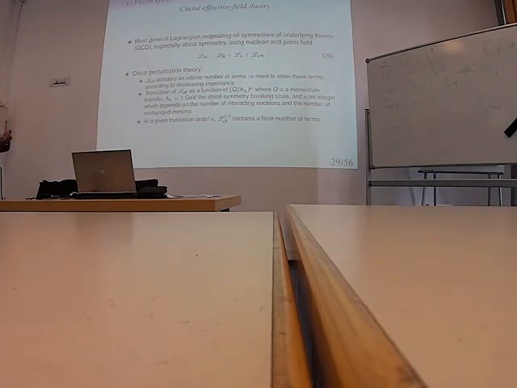So if the degrees of freedom are chosen properly, and if the chiral symmetry breaking is small enough, in other words, if the pion mass is small enough, then we hope that the maximum power you have to take into account is quite small.